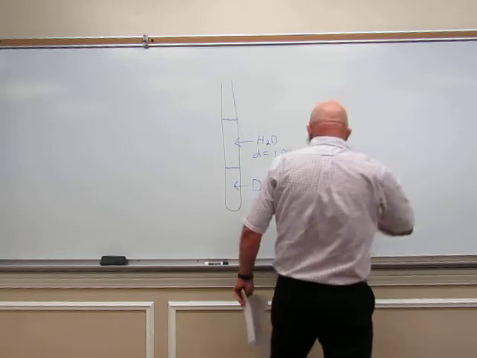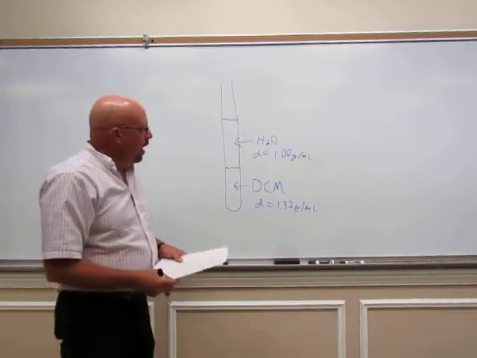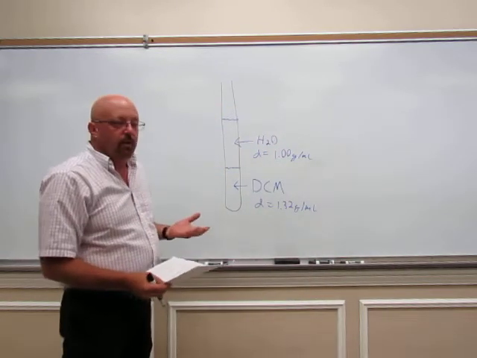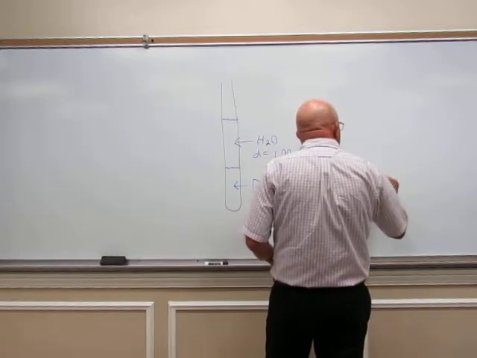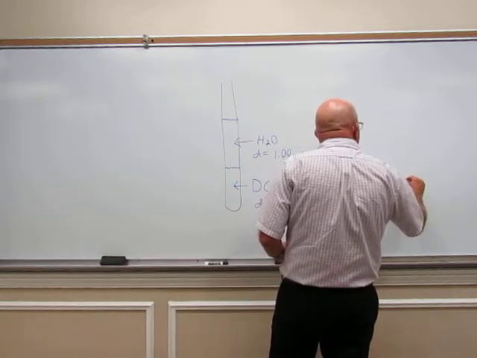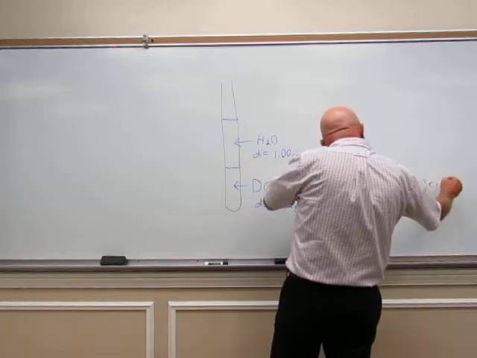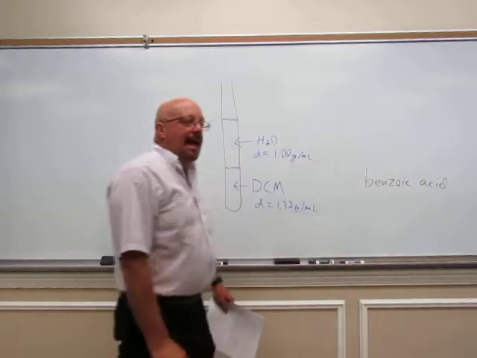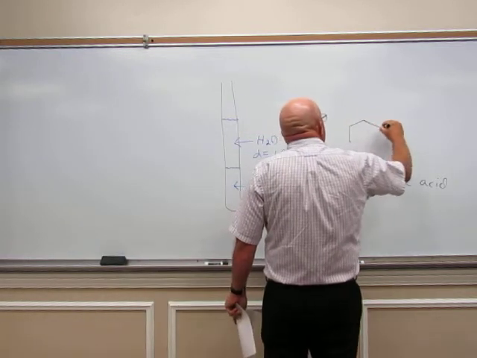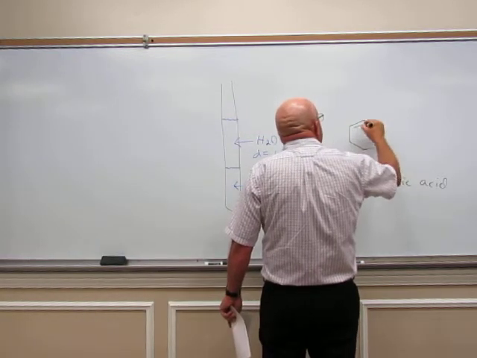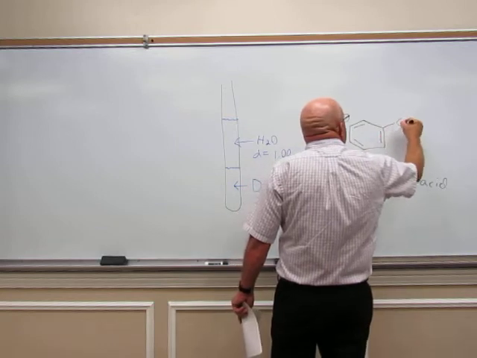So we're looking at the distribution of our compound. We're using benzoic acid this week. And we haven't learned how to name compounds yet, but I'm going to go ahead and just draw the compound here. This is what benzoic acid looks like.